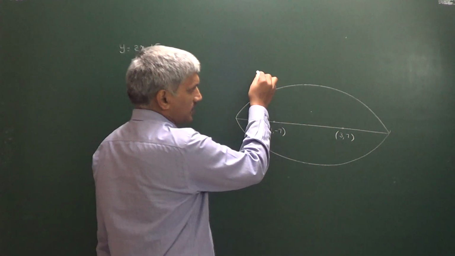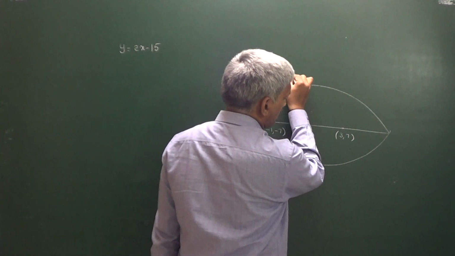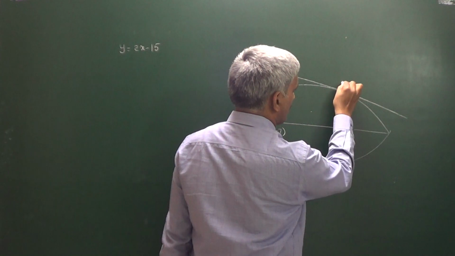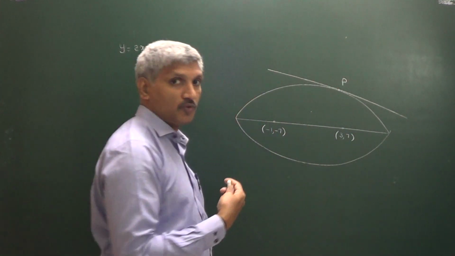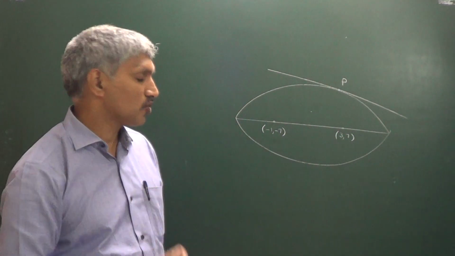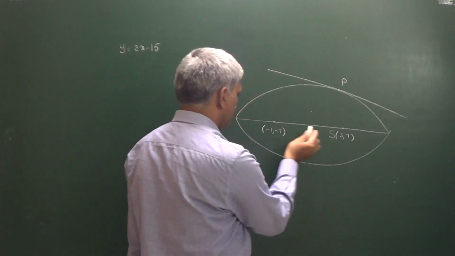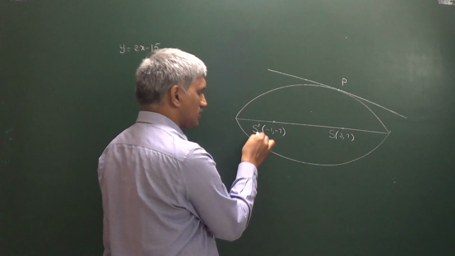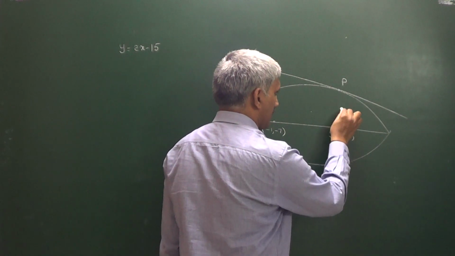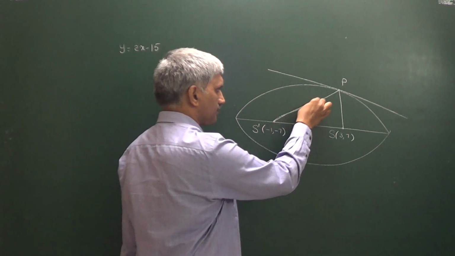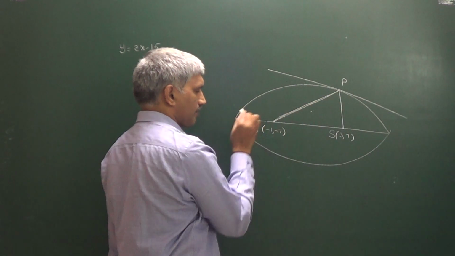So let us say this is the tangent given. The tangent touches the ellipse at a point P. In the question he is asking to find the coordinates of P. Let us say this is S and this is S dash. Now I can say SP plus S dash P. Right?